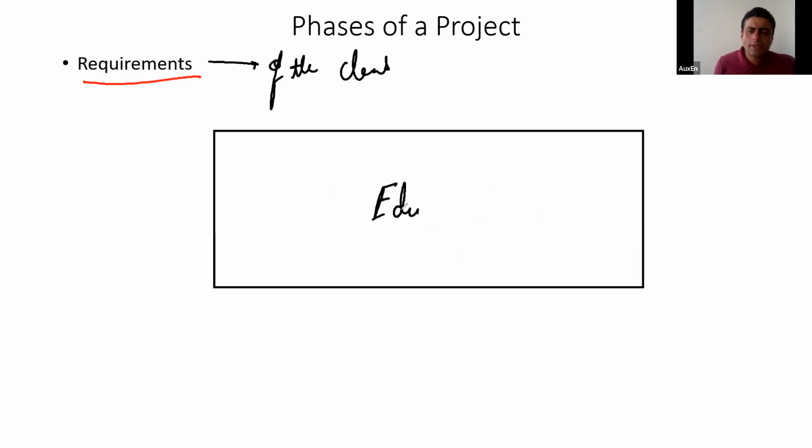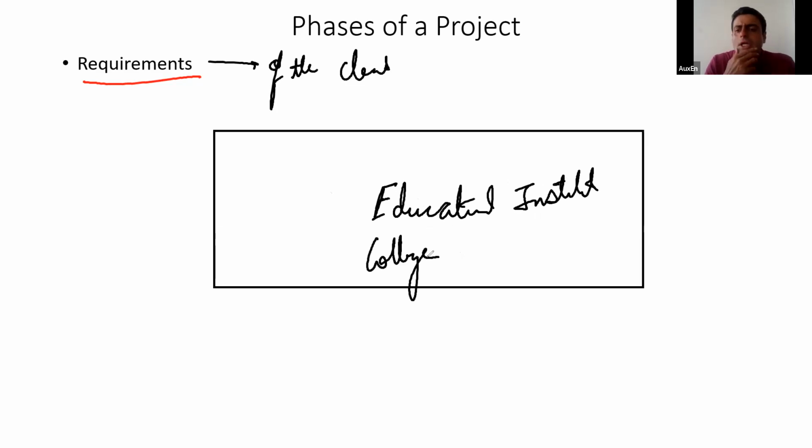He or she wants to make a college, and they have appointed you as their architectural and structural engineer or consultant. So they want to construct a college. So you have to understand, or you have to ask your client, what is the requirement that they have, what is in their mind. This step is extremely important.